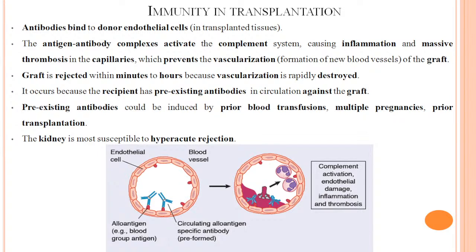That's why it is very important to control antigens of donor and recipient at first, and then there are special immunosuppressive drugs that are used in transplantation for inhibition of immune response. I've talked about immunosuppressive drugs in lecture number 8, the previous one.